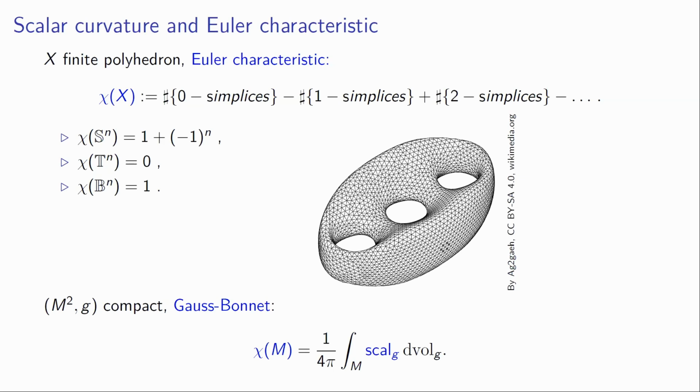And for example, this already implies that if you take this surface of genus 3, we know that this has negative Euler characteristic, and so this already implies that there is no metric g on this manifold which has everywhere positive scalar curvature, which is everywhere positively curved. And you see this already in this picture here, that there are some points which are non-positively curved, which have a more hyperbolic shape. Okay, so this is in dimension 2.